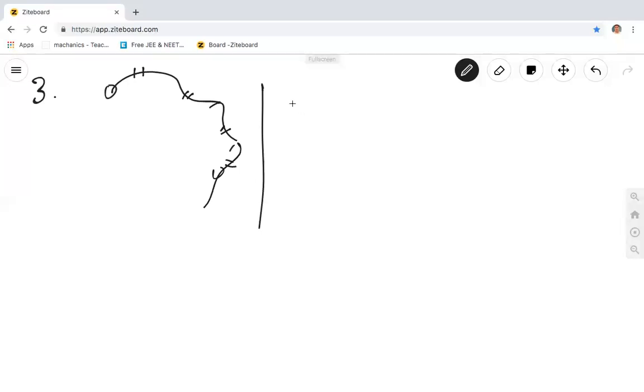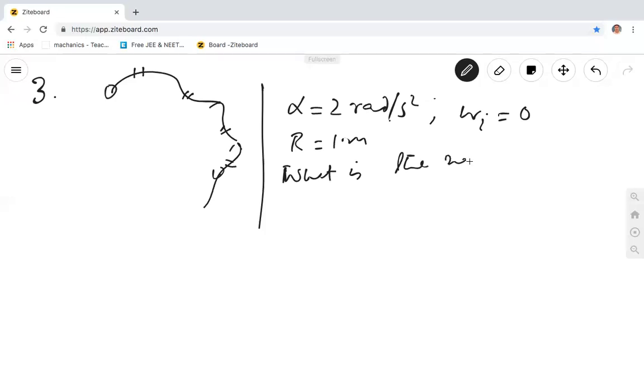Suppose angular acceleration alpha is 2 radian per second square, and initial angular velocity is equal to 0. Radius of the arc at any point, maybe here, maybe here, that is 1 meter. The question is, what is the net acceleration after 2 seconds?